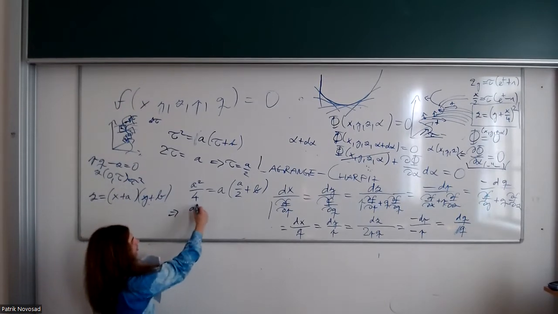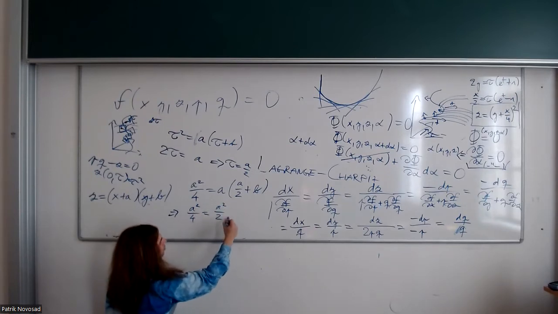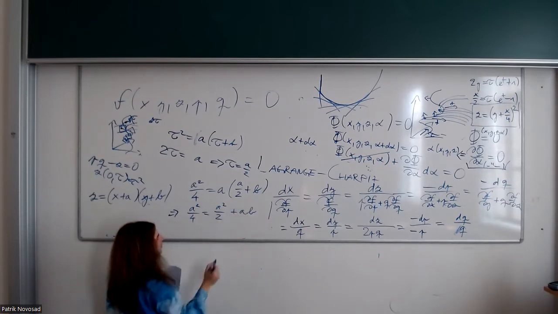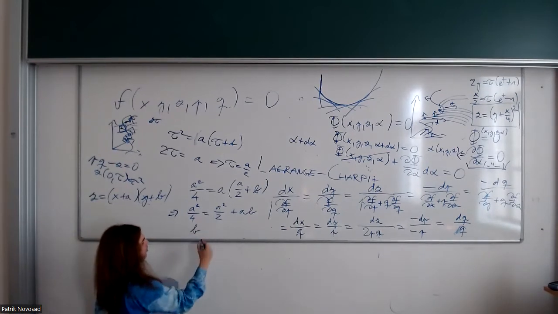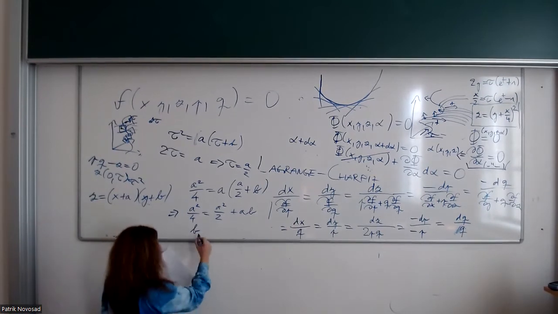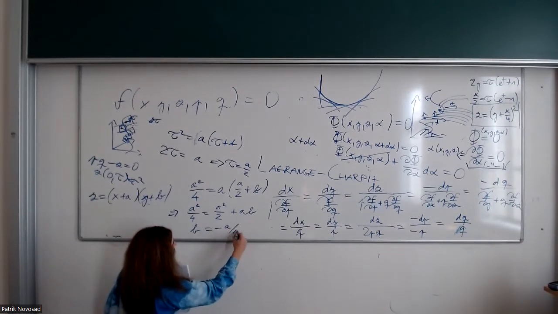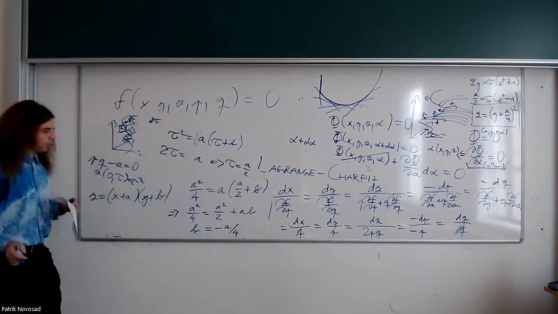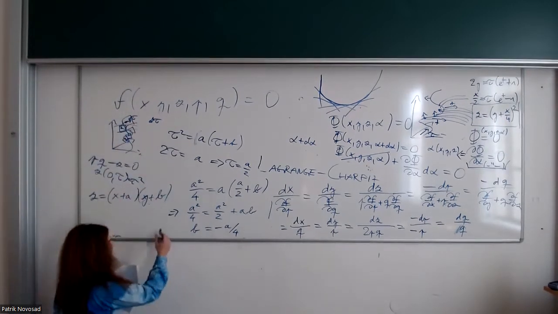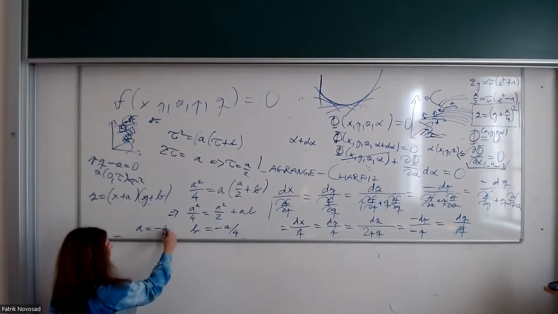So we have A squared over 4 equals A squared over 2, but AB, and after cancelling the A, we just get that B needs to be equal to minus A over 4. Or in other way, we just can say that A is minus 4B.